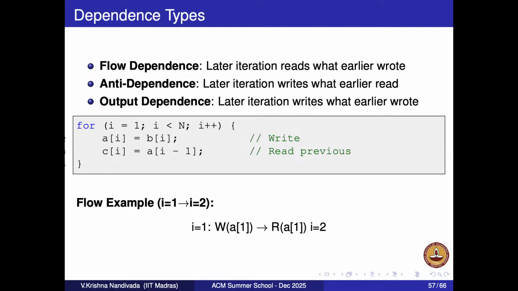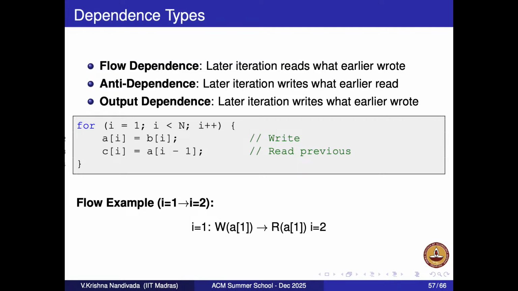Okay, write after read: let us say I am writing to X, and I am reading X. Or if you like arrays, maybe I'll write it as y equal to X sub I, and somewhere down the line X sub I equal to blah. So this is a read, this is a write.